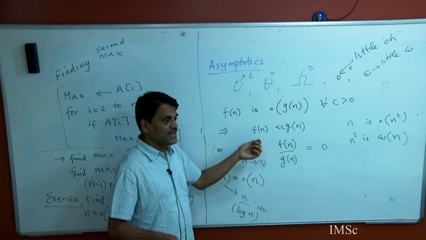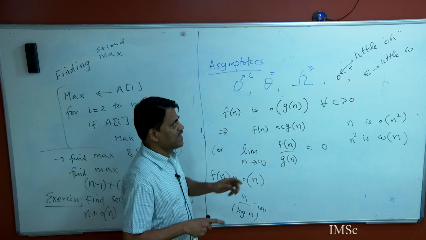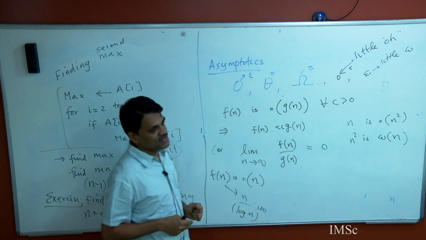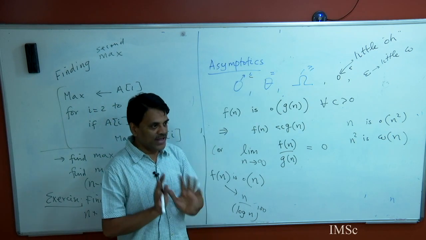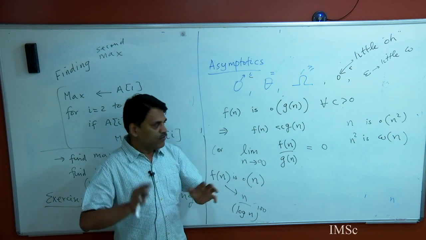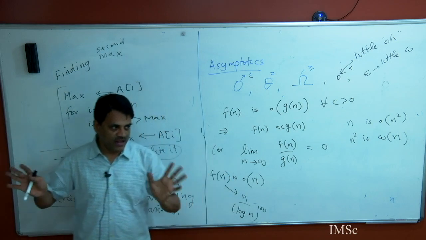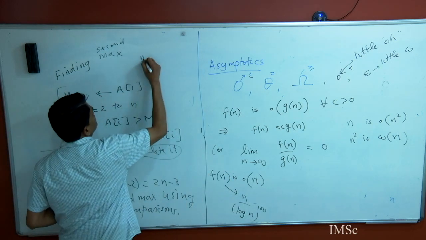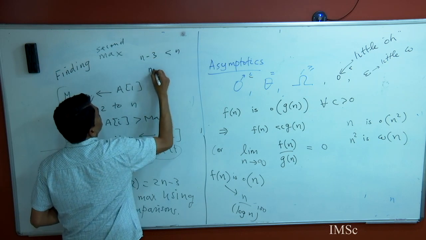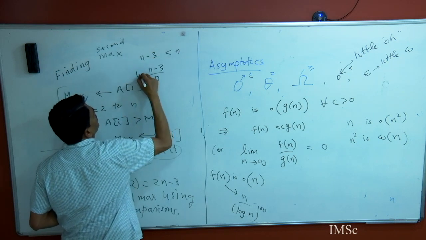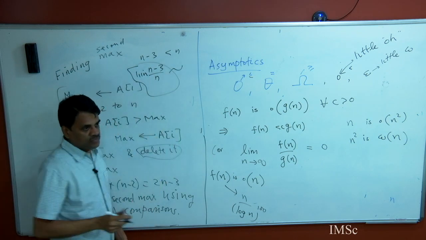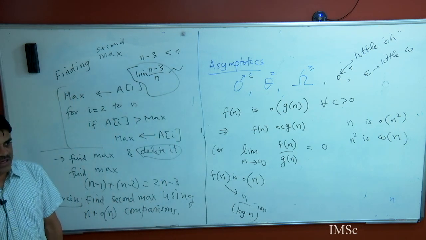So when I say less than or equal to or greater than or equal to in the asymptotics, don't take it literally, with all the constants and for all n greater than or equal to n0. So even though n minus 3 is less than n, what is the limit of n minus 3 by n?